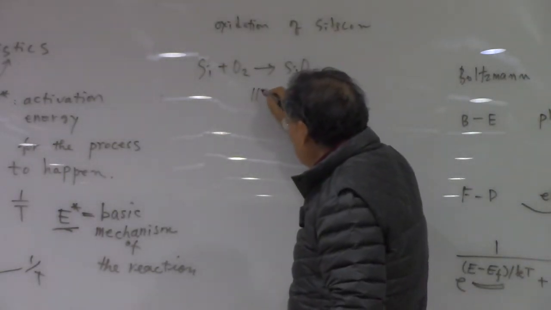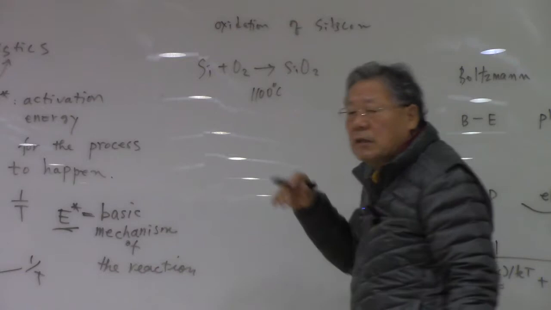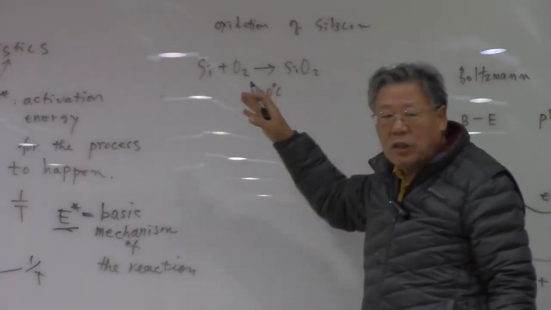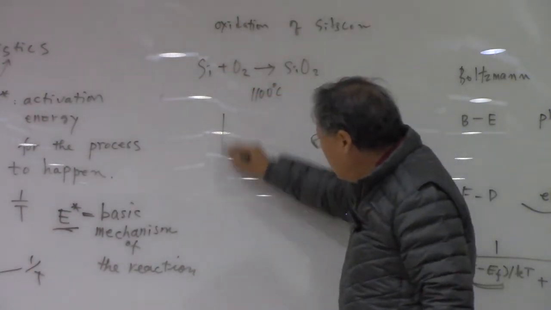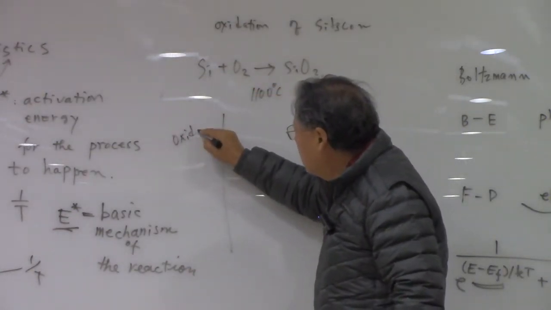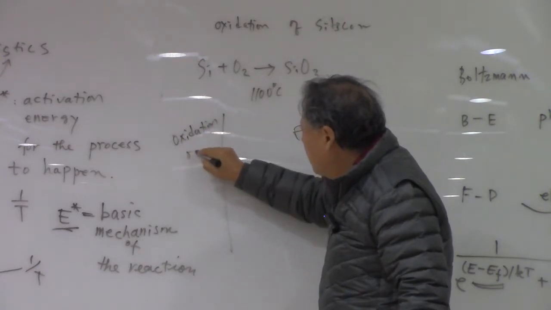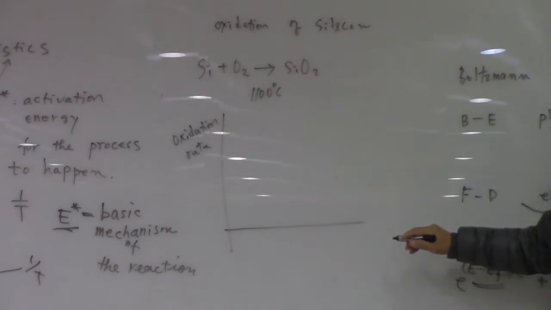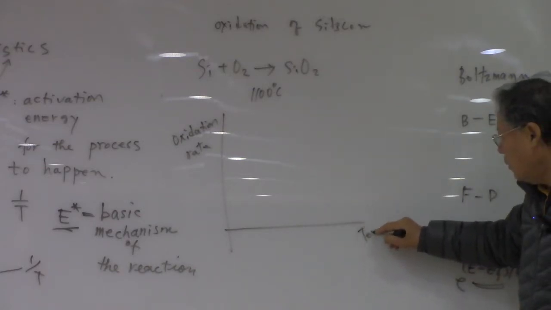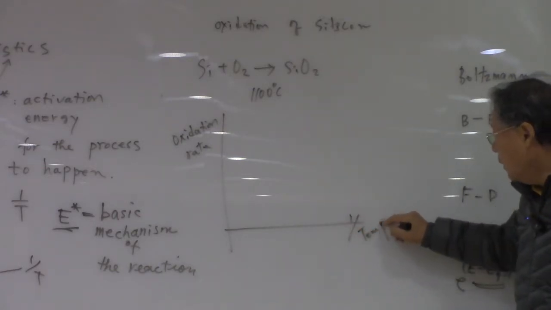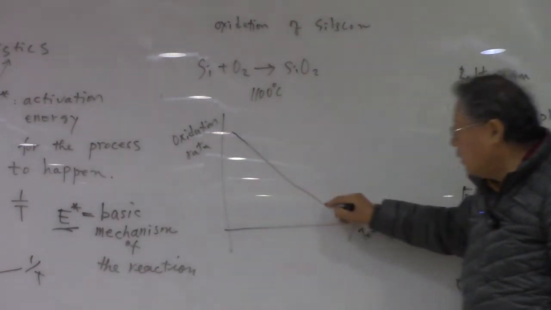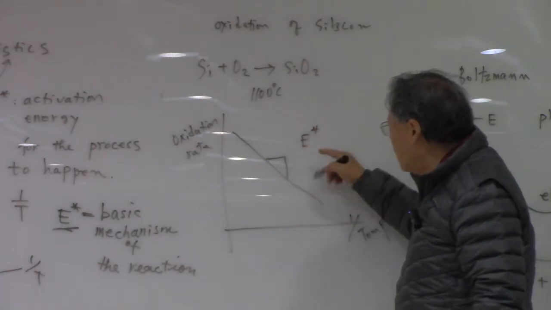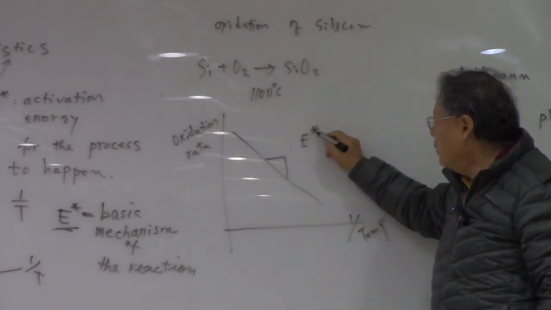The typical temperature is about 1,000 degrees centigrade. If you measure the thickness, that is the oxidation rate, and plot that against the reciprocal of the temperature, you're going to have a straight line. And then you can deduce the E star.